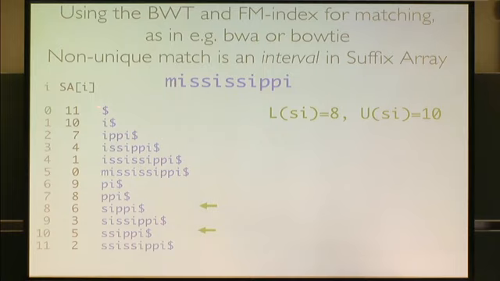And so all the I's come here, and then M and P, and then all the S's. And there's one suffix for each position in the string, and the suffix array, this number is just where in the string it comes from. So Mississippi, the full word, starts at position 0, ississippi starts at 1, ssissippi at 2, and so on.